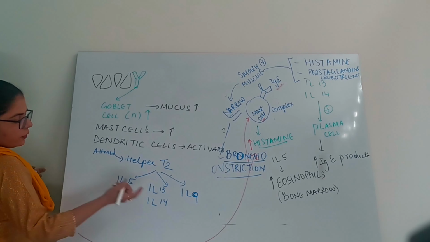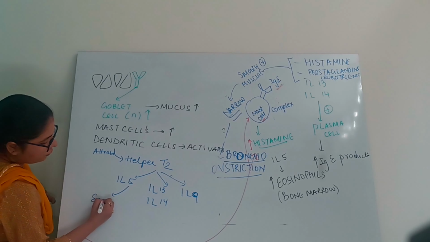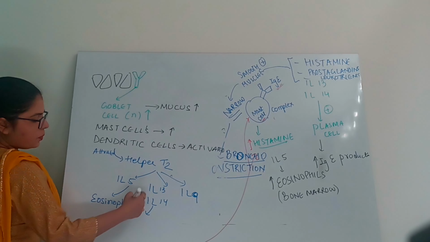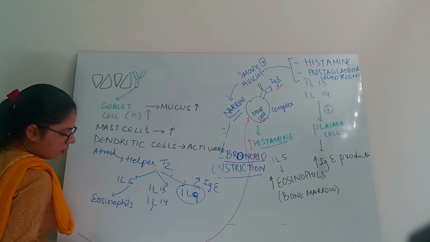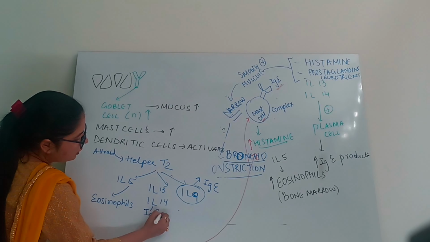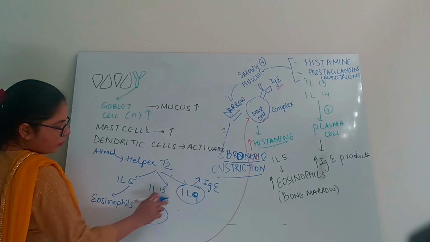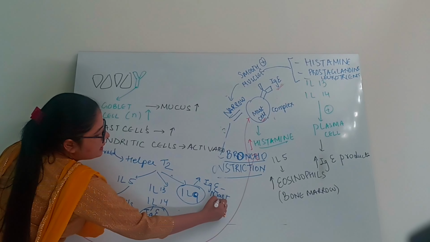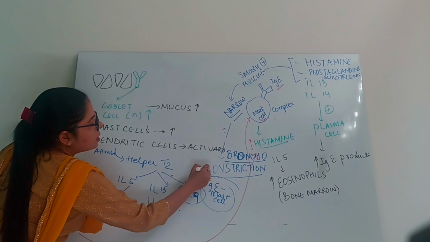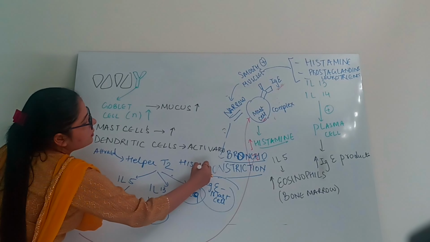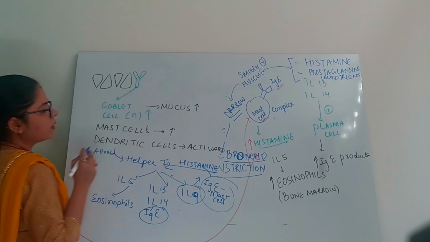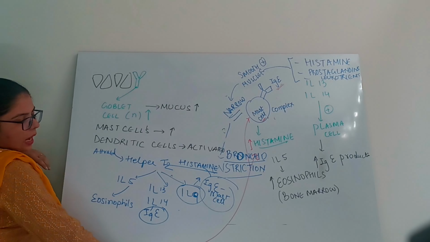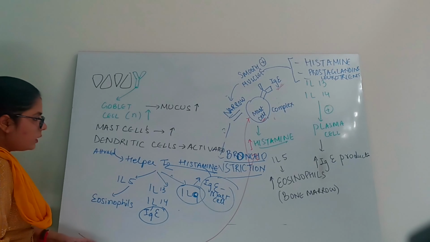And which in turn were responsible for the release of eosinophils. They were responsible for the IgE production, and immunoglobulin 9 was responsible for the binding of IgE with the mast cells, which were releasing the histamine, correct?